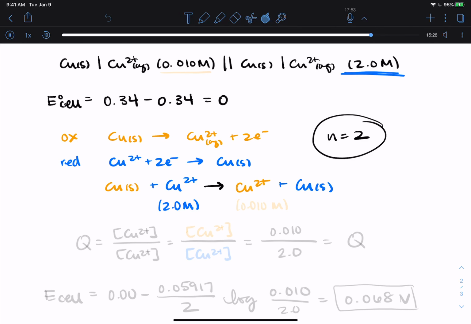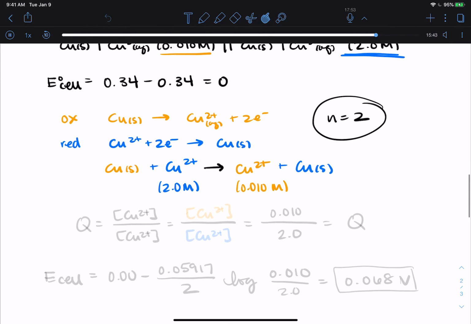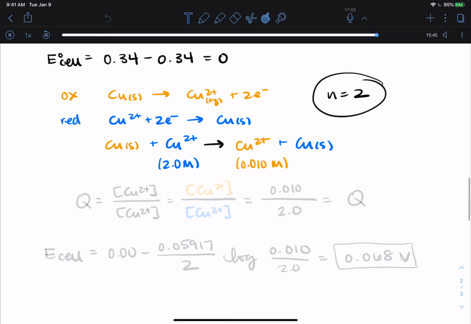The copper 2+ in the anode is the one that is 0.01 molar. The reason that this makes such a difference is because if you take the reaction copper solid plus copper 2+, making copper 2+ and copper solid, and you write the expression for the reaction quotient, it's copper 2+ over copper 2+.